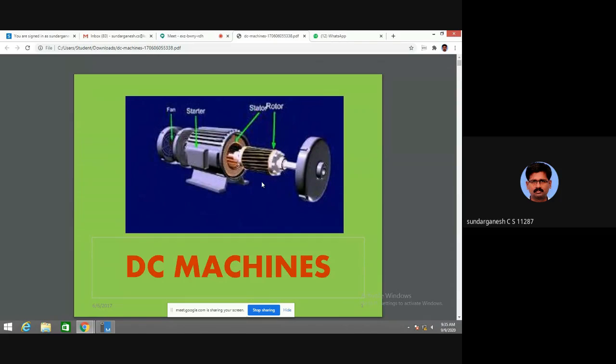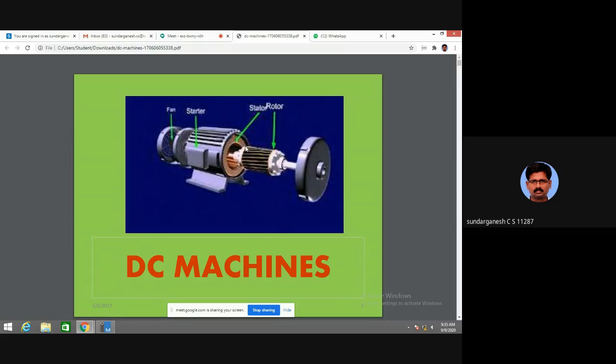So this is the construction of the DC machines. As I already told, DC motor and DC generator construction is the same. So this is a starter. The starter is used only for a motor. If it is a generator, it is not used. Okay. So here there is a cooling fan. In the inner part, you have two main components.